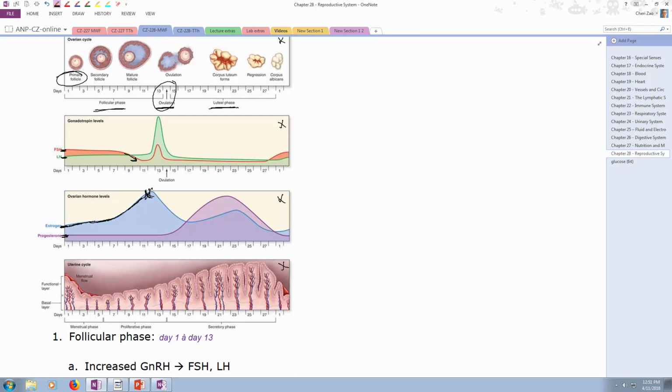This high peaking estrogen level suddenly, because it's now at this max level, instead of negative feedback, is going to have a positive feedback, a remarkable positive feedback on luteinizing hormone mostly, as well as FSH. But what we're interested in is luteinizing hormone. So luteinizing hormone peaks, and that is what causes ovulation.